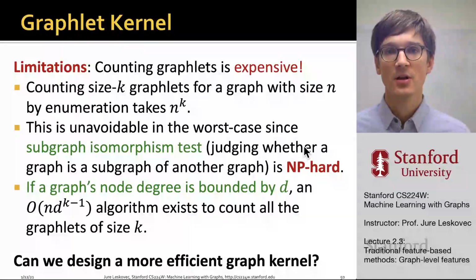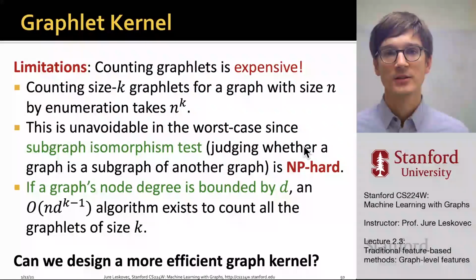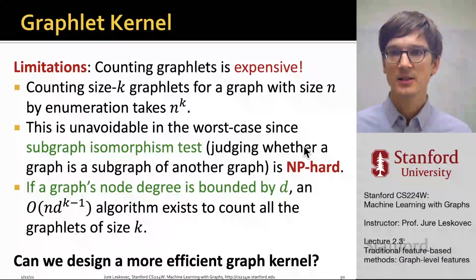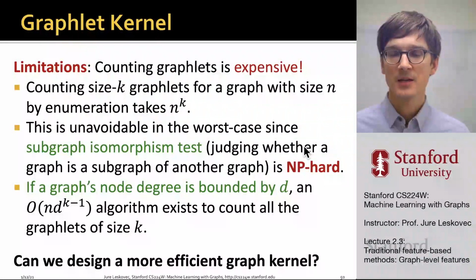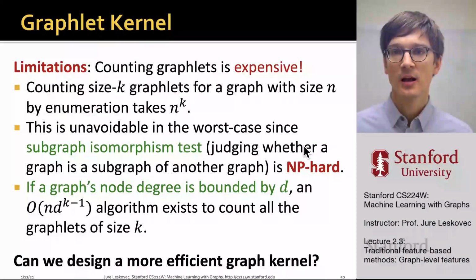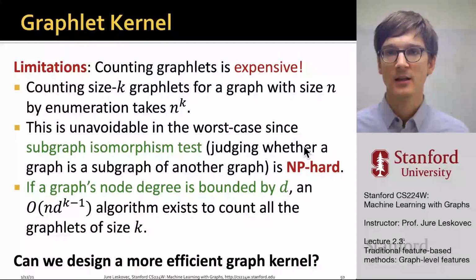If a graph's node degree is bounded by D, then there exists a faster algorithm to count the graphlets of size K. However, the issue still remains that counting these discrete structures in a graph is very time consuming, very expensive, so we can only count graphlets up to a handful of nodes, and then the exponential complexity takes over and we cannot count graphlets that are larger than that.